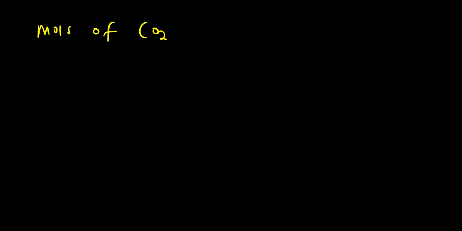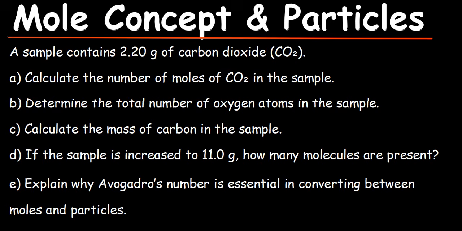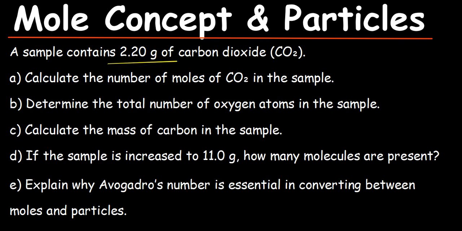Because the number of moles is equal to mass over molar mass. The mass we've been given is 2.2 grams of carbon dioxide. So the number of moles will be equal to mass over molar mass. The mass is 2.2 grams, over the molar mass.